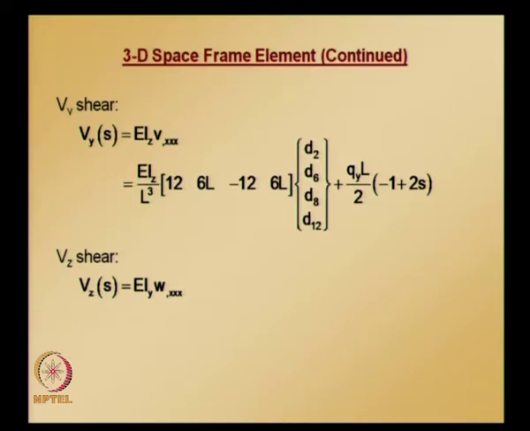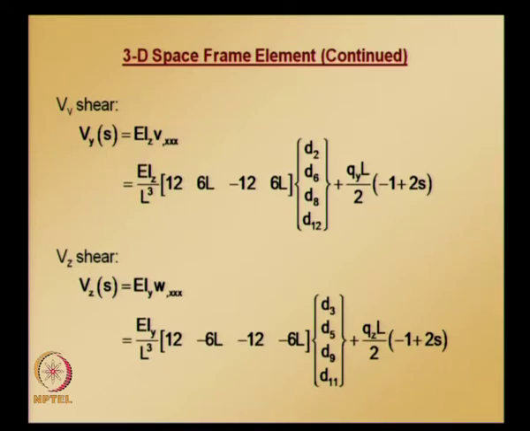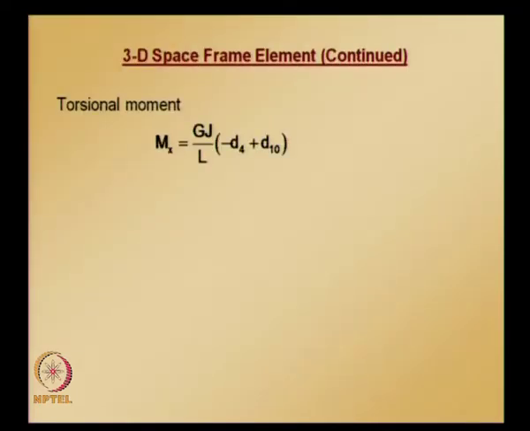and shear Vz is given by this one. Again here we have fixed end solution correction for uniformly distributed load case. So using these formulas we can calculate axial force, components of shear and torsional moment. Here in the formulas we have the nodal values d1 to d12, and these have same meaning as what we have seen in the last class.